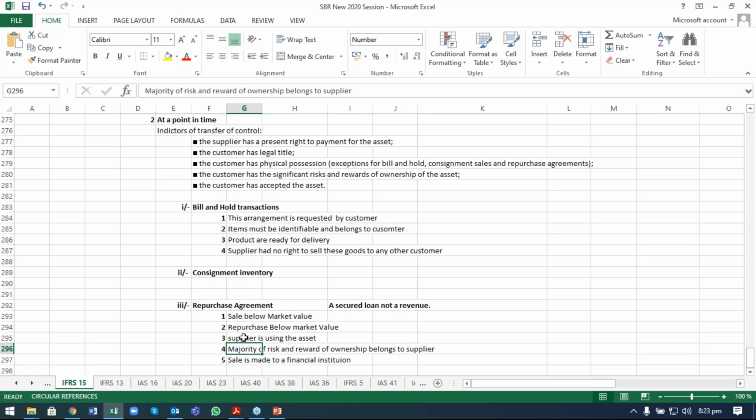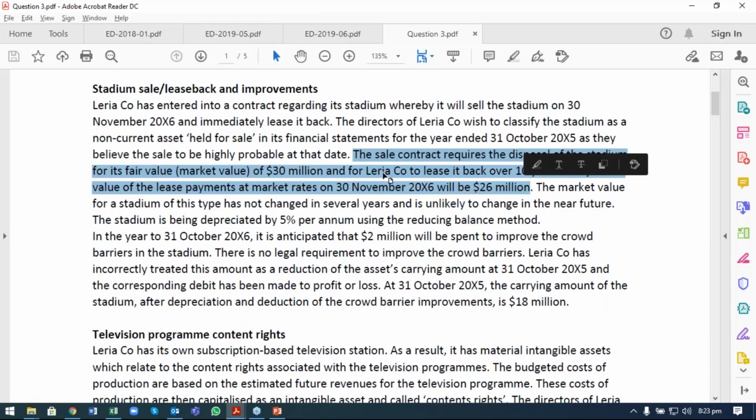Second is majority of the risk and reward of ownership belongs to the supplier. Do you think majority of risk and reward associated with the stadium belongs to the Laria company? No, because Laria company doesn't have any obligation to purchase this asset at any specific market value in future.